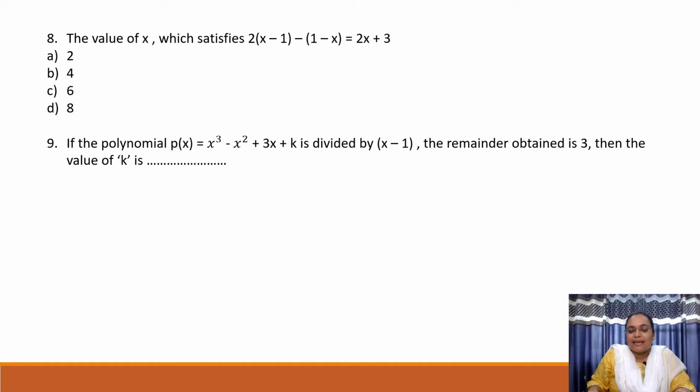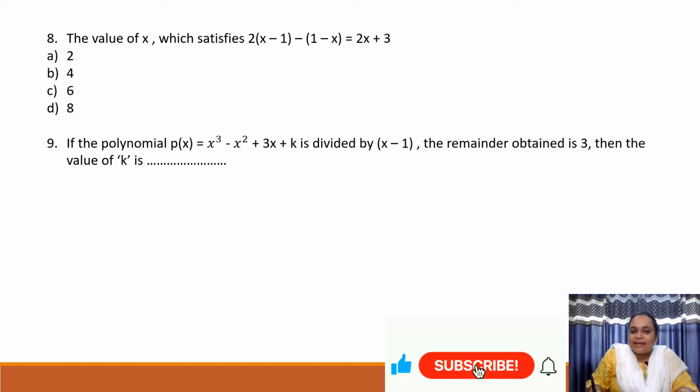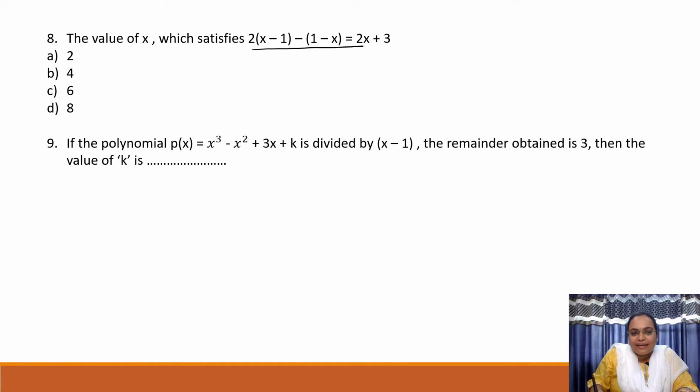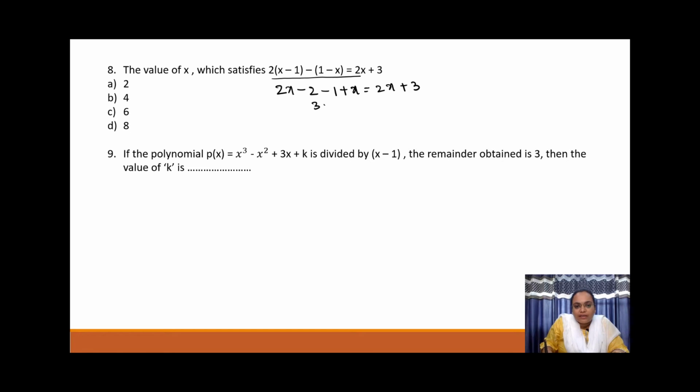The next one is the value of x which satisfies 2 of x minus 1 minus 1 minus x is equal to 2x plus 3. We need to find the x value. This is 2 of x minus 1, which is 2x minus 2 minus 1 plus x is equal to 2x plus 3. This will be 3x minus 3 is equal to 2x plus 3.